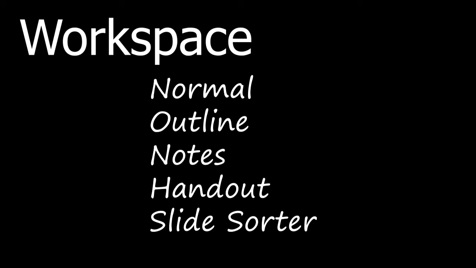The next one is comparing the slides with your outline. If you have prepared one initially and you notice from your outline that you need another slide, you can create it directly in the outline view, or you can return to the normal view, create one, and then return to the outline view.